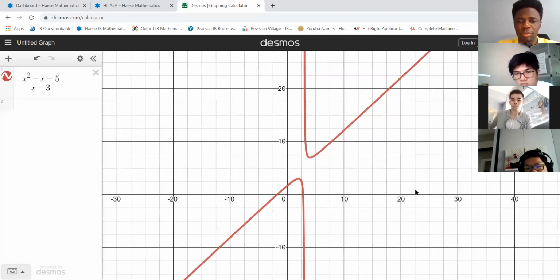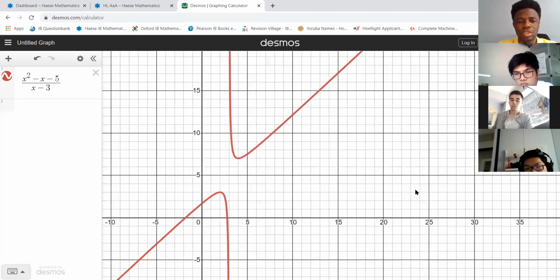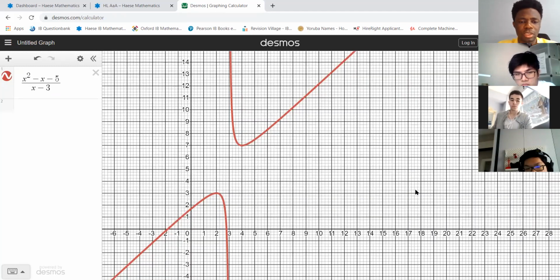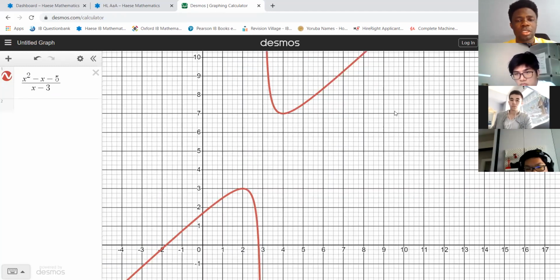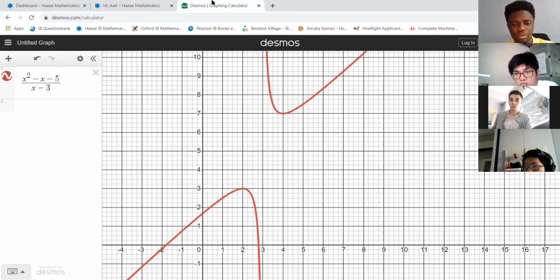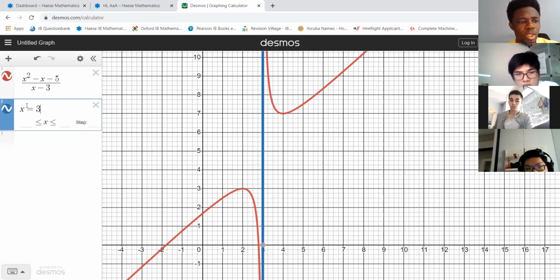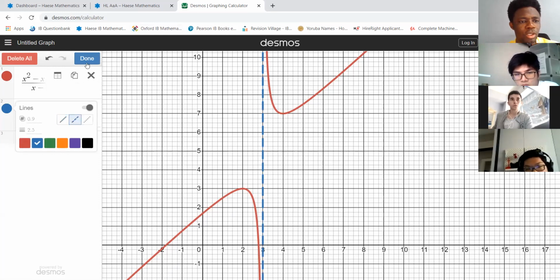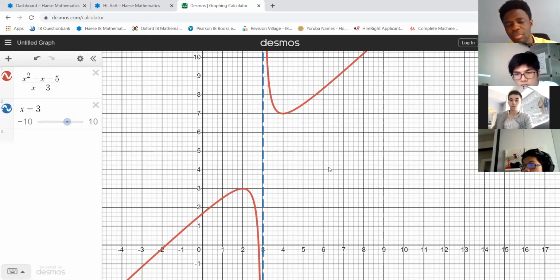So from here, I think the first question is to state the equation of the vertical asymptote. Yes, anyone? I think it's obvious. What is that? Yes, x equals 3. Let's plot x equals 3. Okay, that is definitely our vertical asymptote.